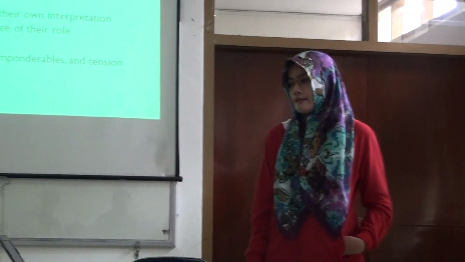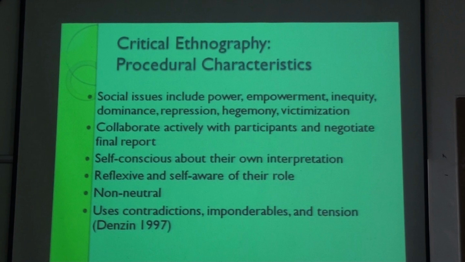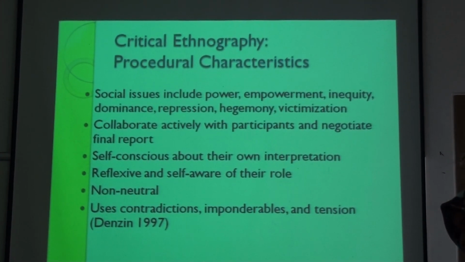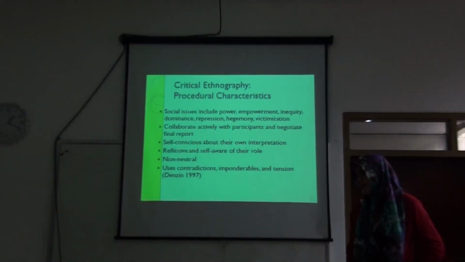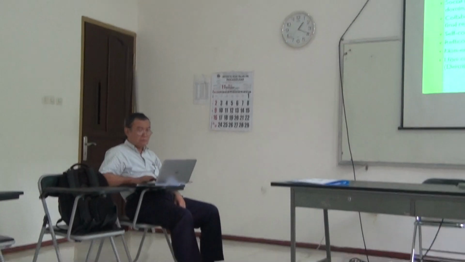And then this is the procedure: procedural characteristics of critical ethnography. Why? Because this is now the most popular ethnography done by researchers. It highlights social issues, including power, empowerment, inequality, dominance, repression, hegemony, and victimization.